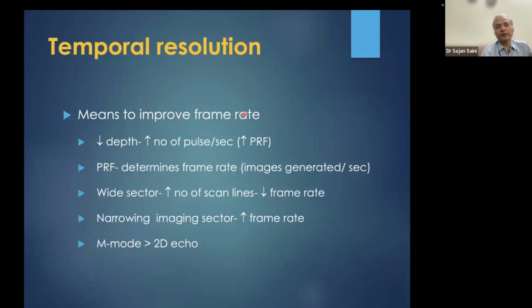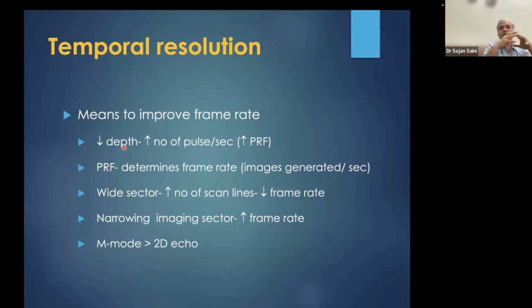So how can we improve the frame rate? First, decrease depth. If we decrease the depth of the structure, there will be more pulses. The speed is the same. The pulses go inside and come back, so they make the trip faster, and the ultrasound beam is able to have more frame rates per unit time.